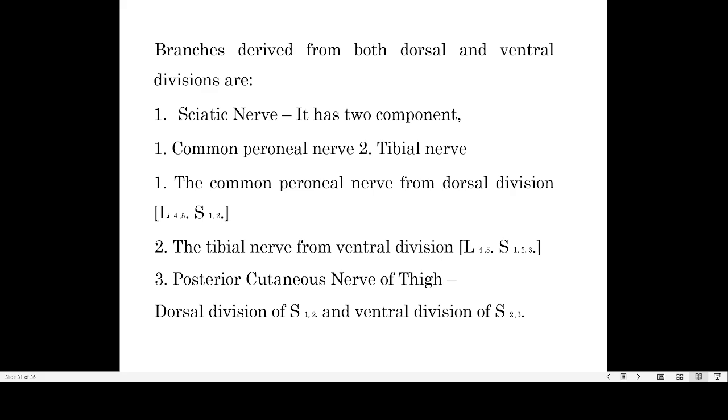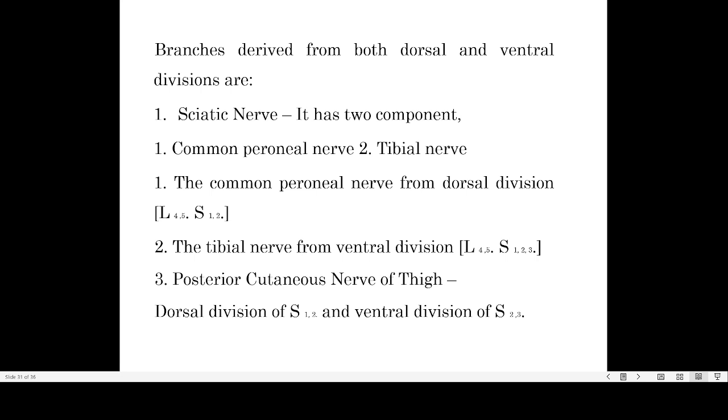This nerve comes down in the posterior aspect of the thigh, medial aspect, and then enters the popliteal fossa at its upper border, where it divides into two divisions. One becomes the tibial nerve, and the other is the common peroneal nerve. These are most important in supplying the posterior compartment of the thigh, and the leg and foot region.